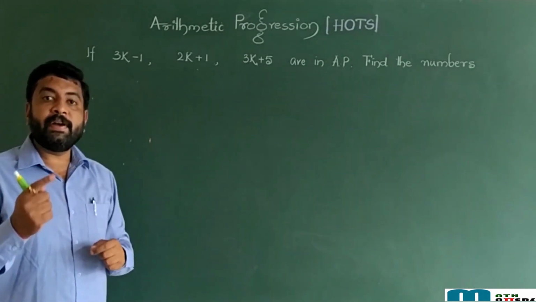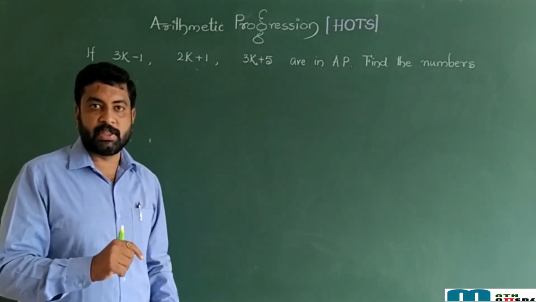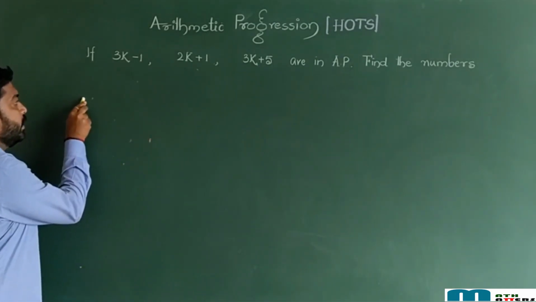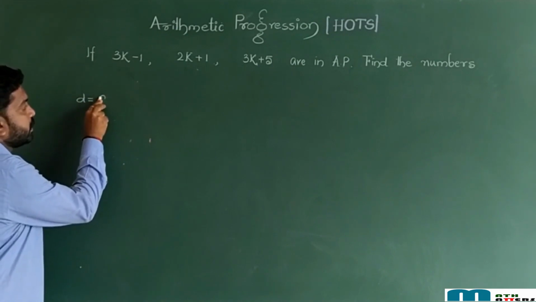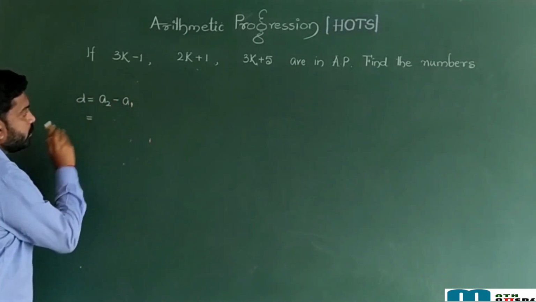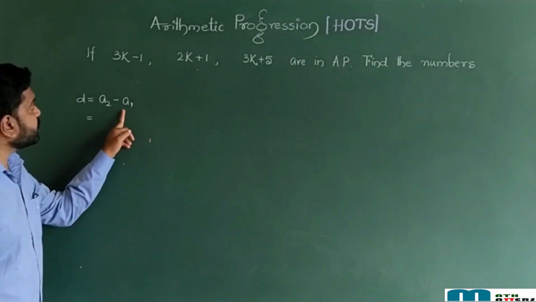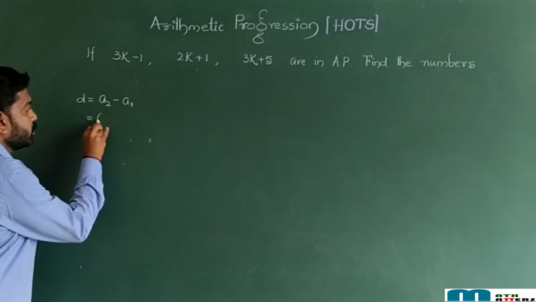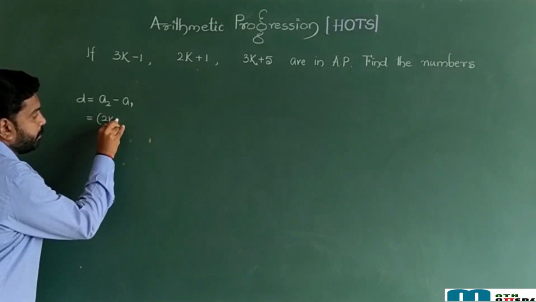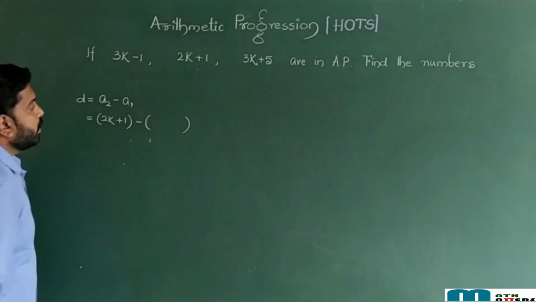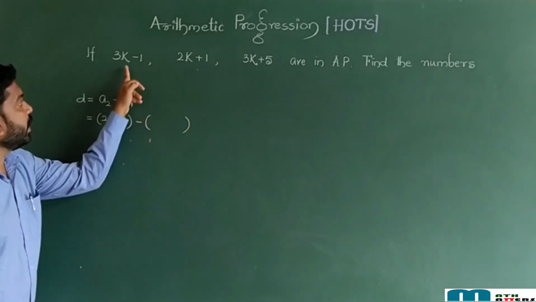Now, as I said, the common difference in an arithmetic progression is the same. So I will calculate the common difference. d is equal to, first I will take A2 minus A1. A2 is this term, 2k plus 1, minus A1.